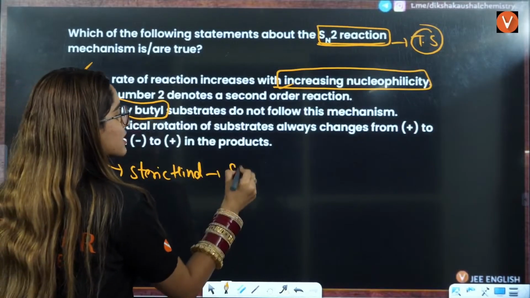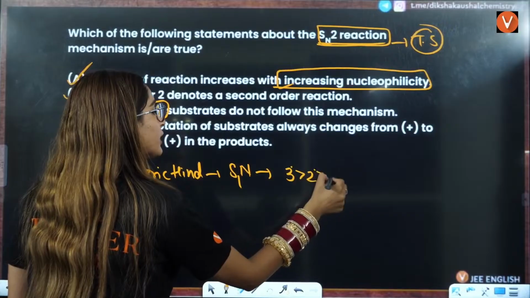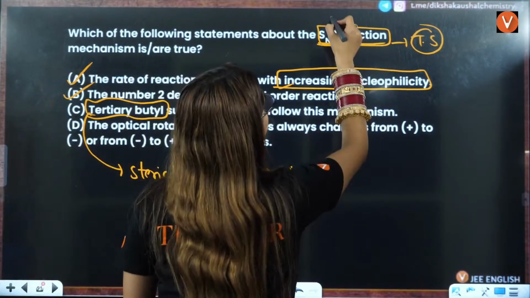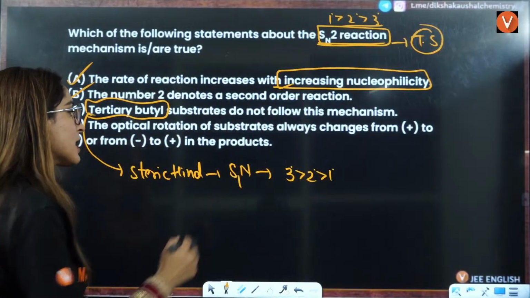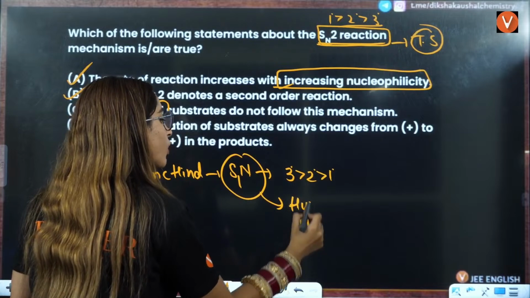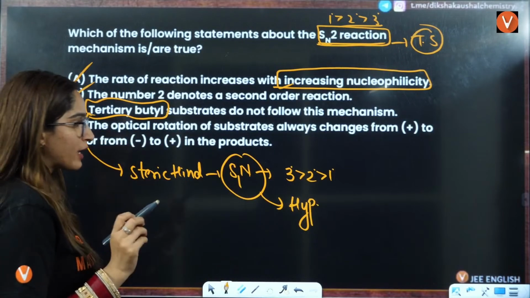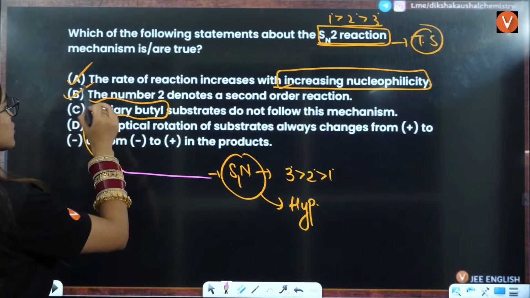They follow SN1, because we know that in SN1, 3 degree is more stable, then 2 degree, then 1 degree. In SN2, 1 degree is stable, then 2 degree, then 3 degree because of steric hindrance. In SN1 this is stable because of hyperconjugation, right? Okay, understood. This is also true.